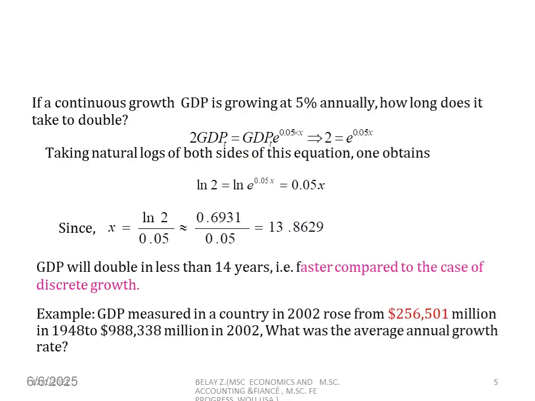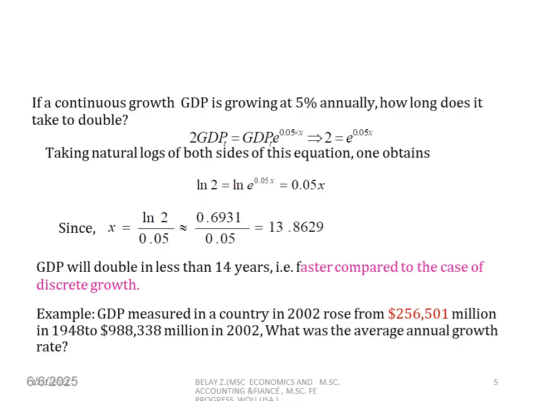If the continuous growth GDP is growing at 5% annually, how long does it take to double? In the previous way I said, to double it takes around 40 years, 40 point some years or months. To make it double, 2 times the GDP at time t is equal to GDP at t times e to the power of 0.05 times x.